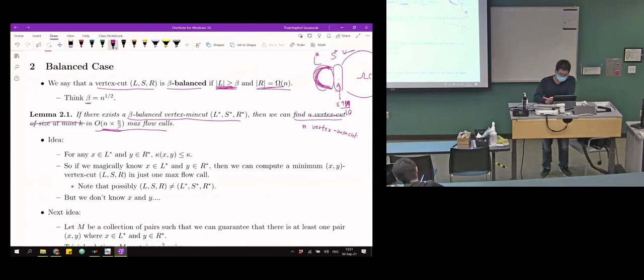And the idea is this. Let me assume that there is this balanced vertex min cut. So this is L star, S star, and R star.